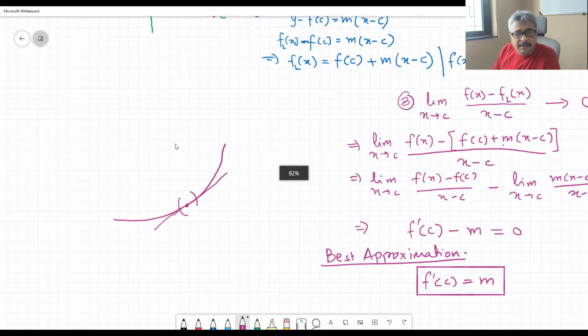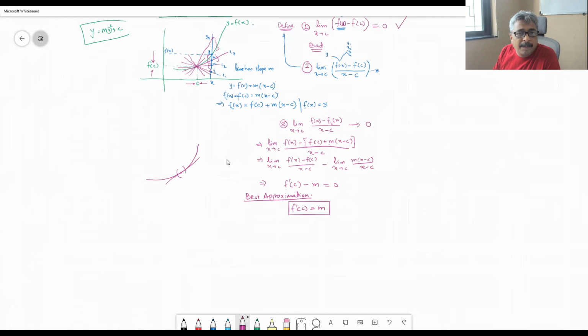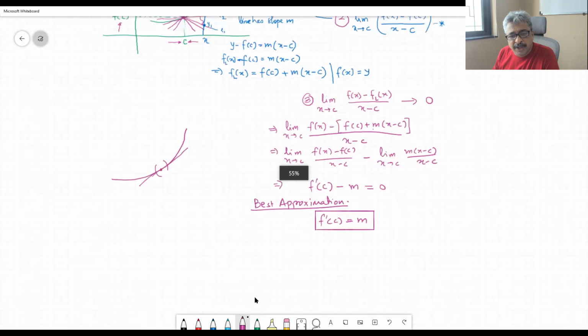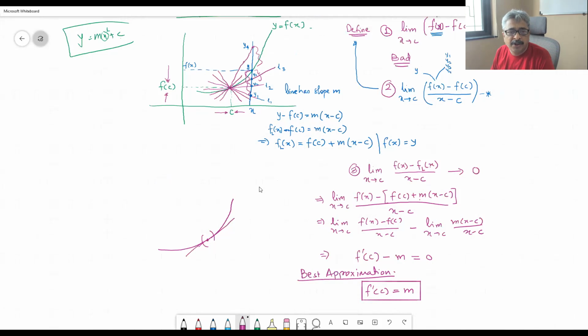Now, okay, so this is as far as fabricating the proof of why the tangent is the best approximation. We can do this by some other method because we have the Taylor series expansion, etc. But this is purely algebraic. The difference between the point on the curve and the point on the straight line should be minimum per unit distance you travel along the x-axis.